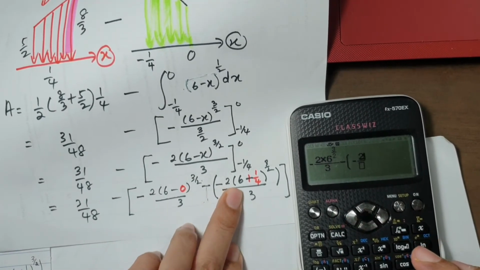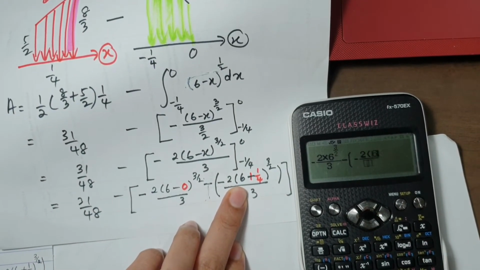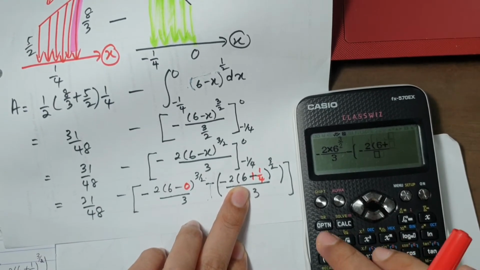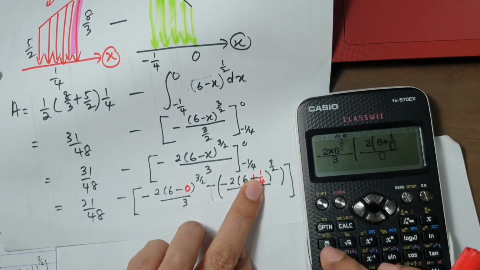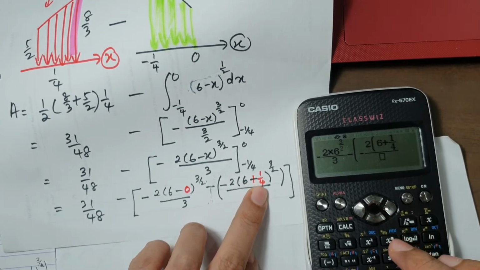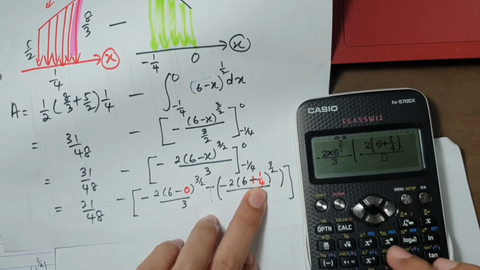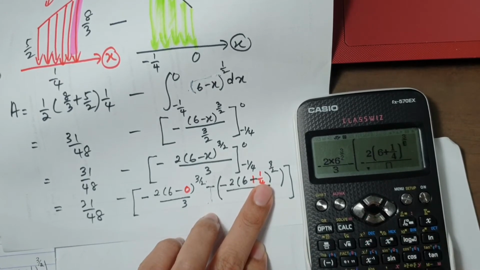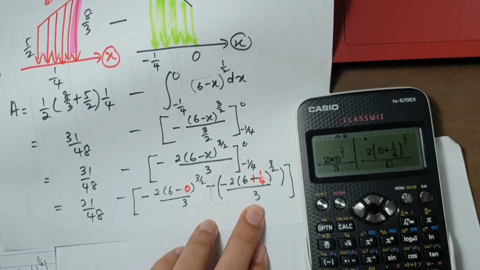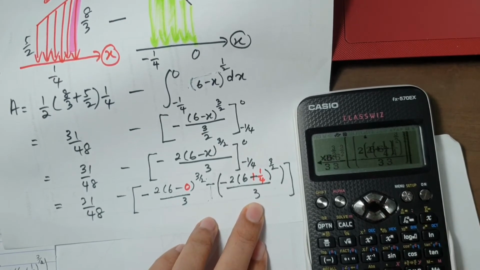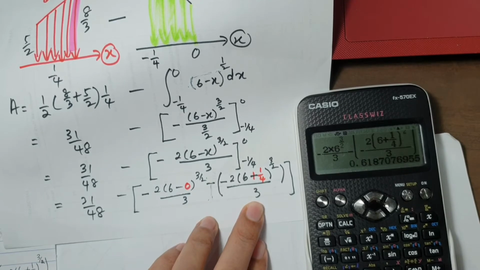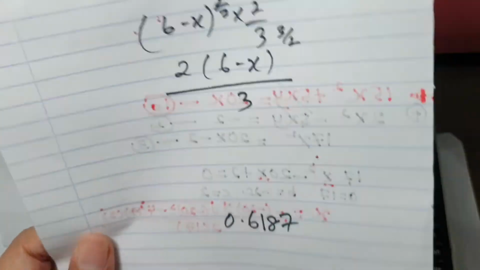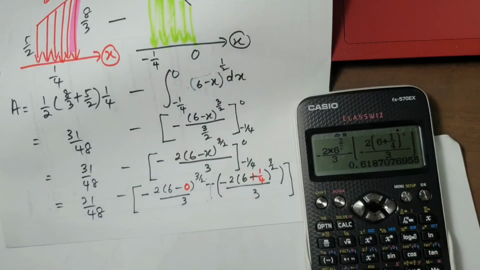Okay, and then dalam ni ada bracket lagi 6 plus fraction lagi 1 over 4. Okay, and then the power of, close bracket, power of what? Power of 3 over 2. Then dia over 3, close bracket, equal sign 0.6187. Tadi kita dapat, kita check, betul lah 0.6187.